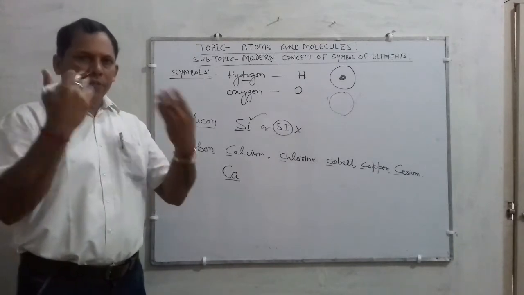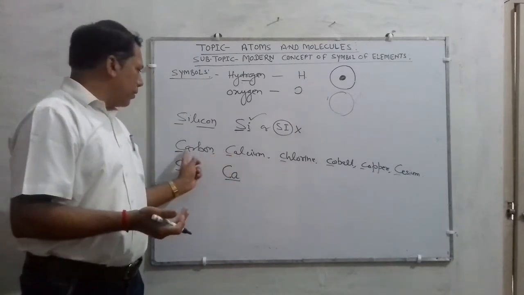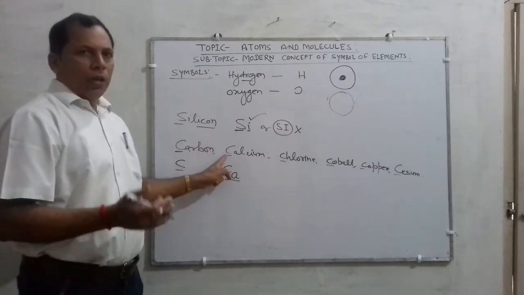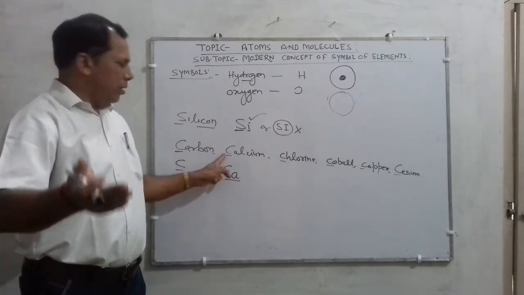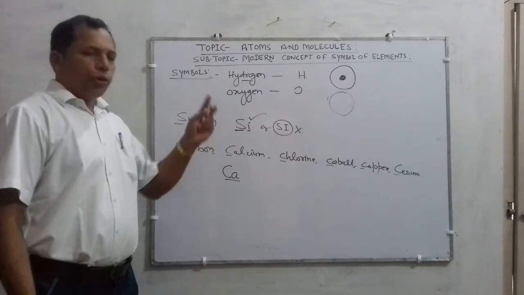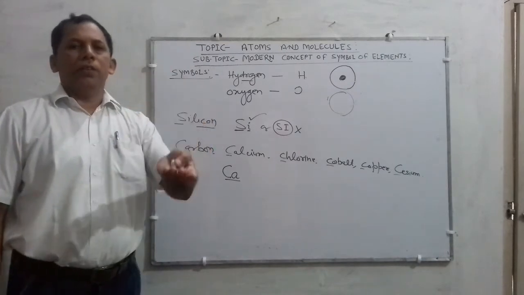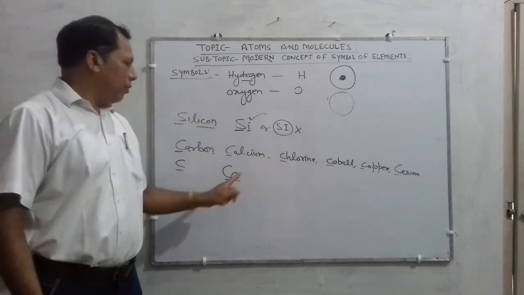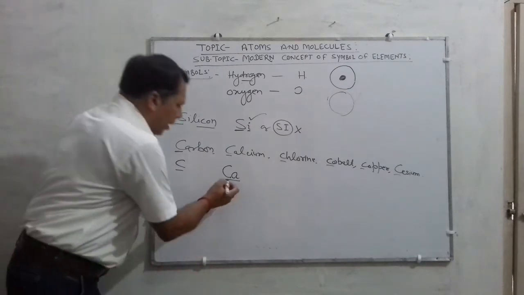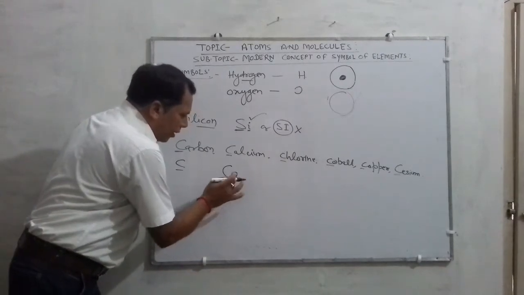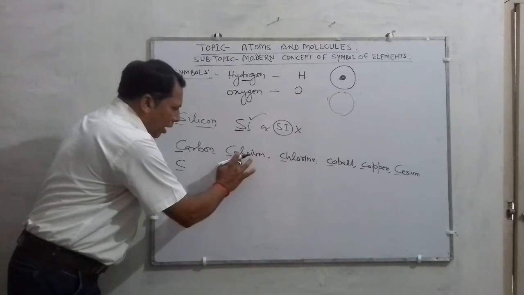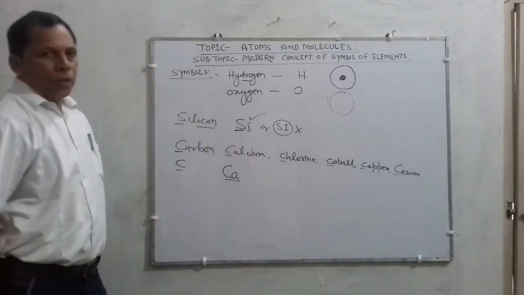The meaning of the two-letter system is that if the first letter is the same in two or more elements, then the two-letter representation of the symbol is used, in which the first letter is written in capital and the second letter in small, like in calcium.